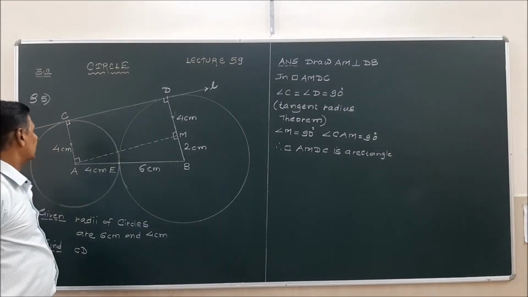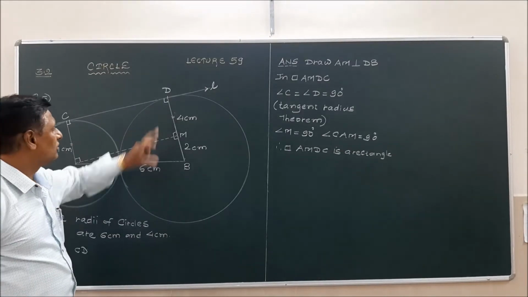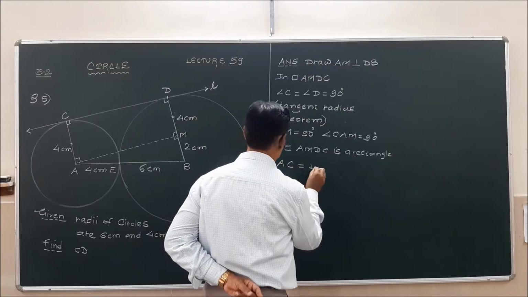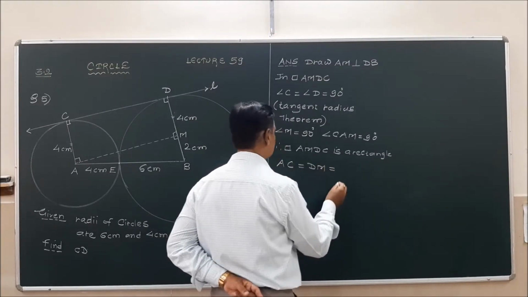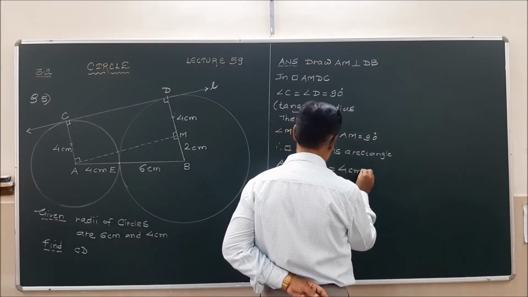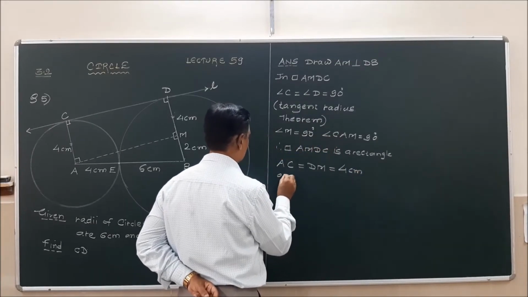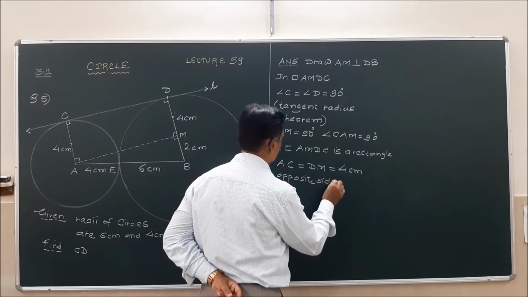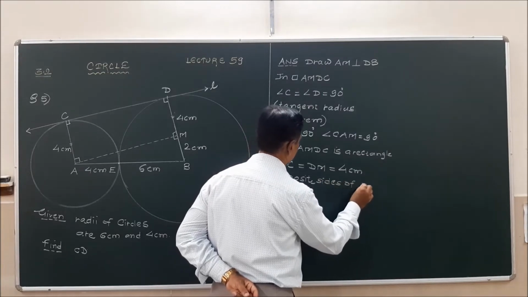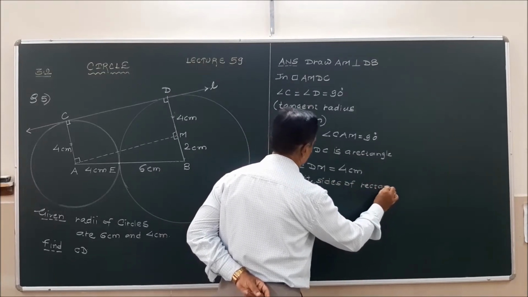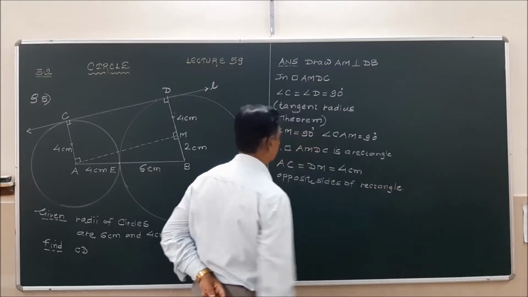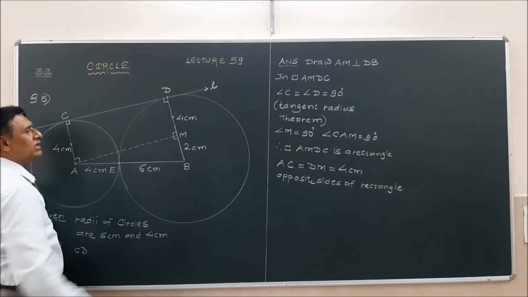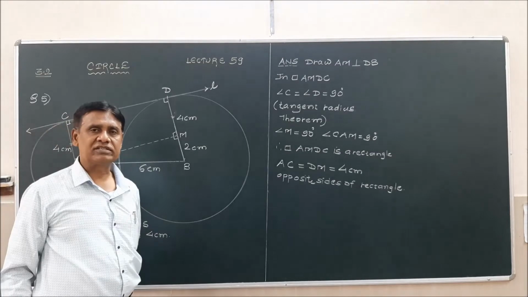If it is a rectangle, AC is equal to DM, that is equal to 4 centimeters, opposite sides of a rectangle.